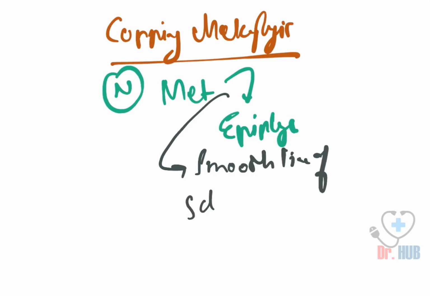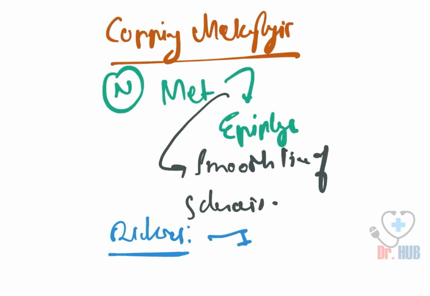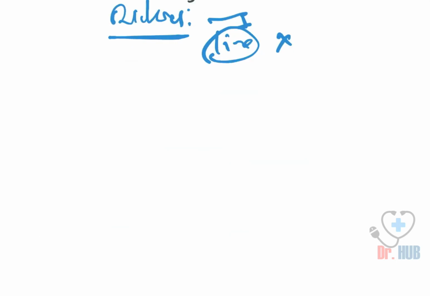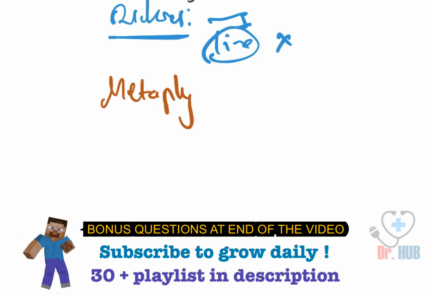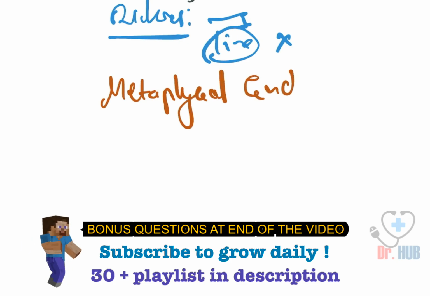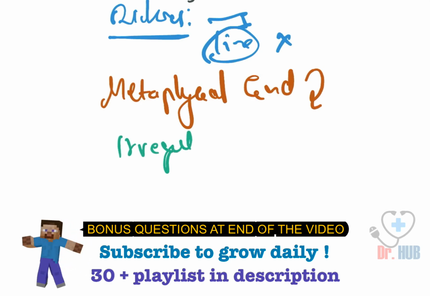And in rickets, this line is absent, and the metaphyseal end appears irregular.